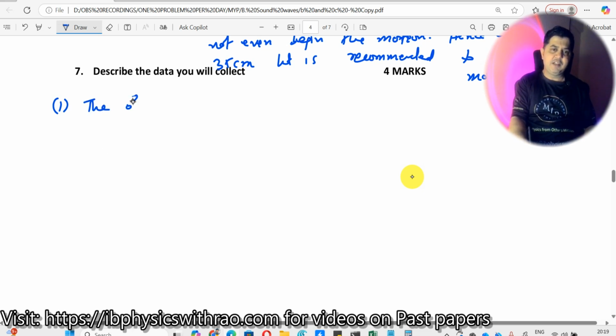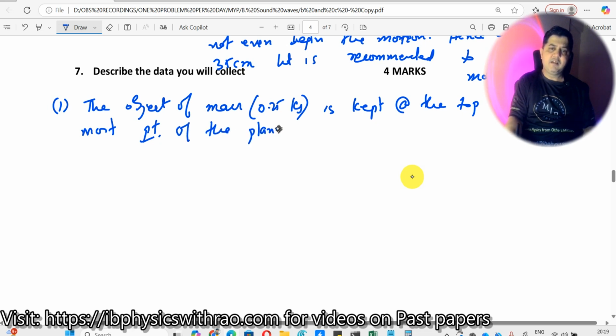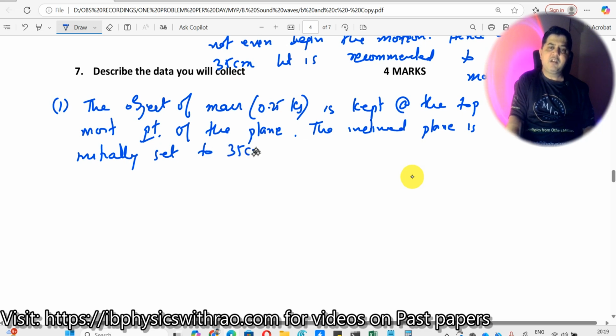The object of mass 0.25 kg is kept at the topmost point of the plane. The inclined plane is initially set to 35 centimeters.